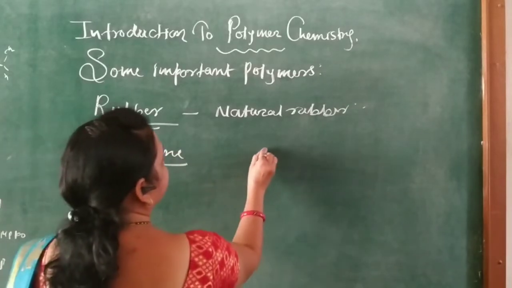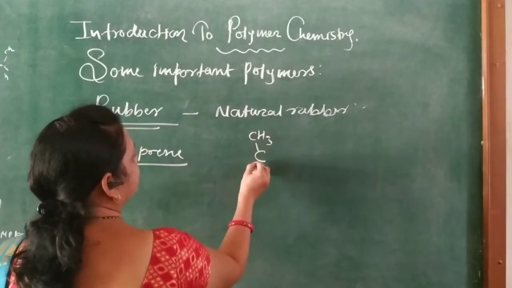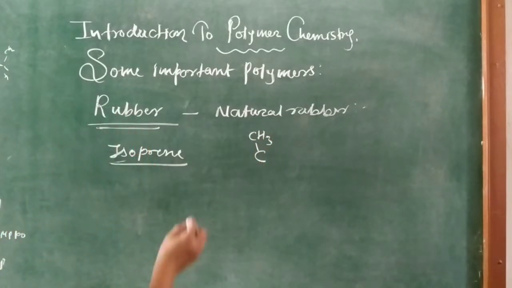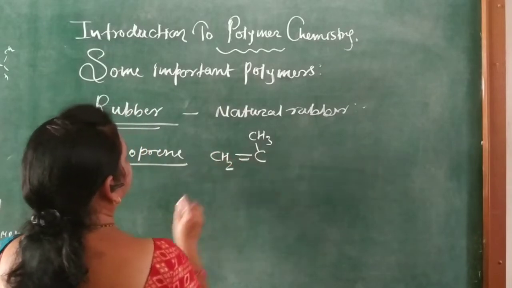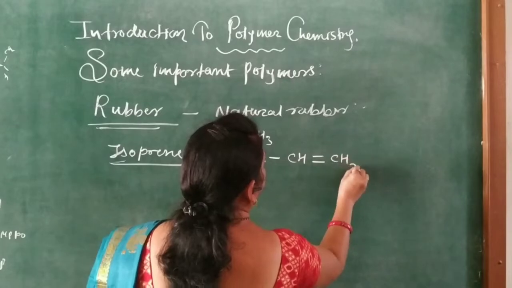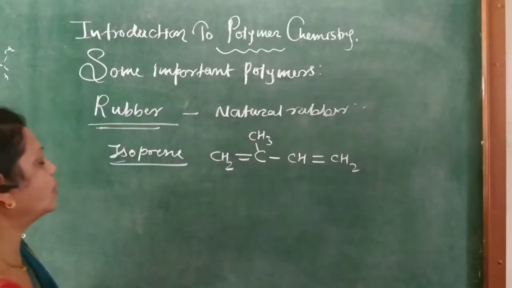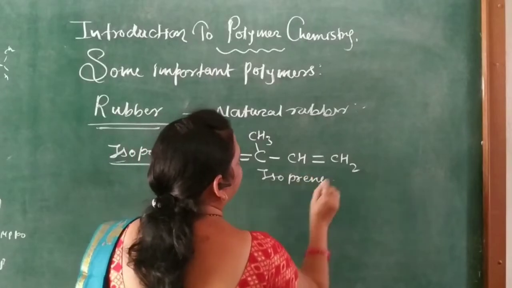The structure is like this: C with CH3, then a double bond with CH2, then CH, double bond CH2. This is called isoprene.